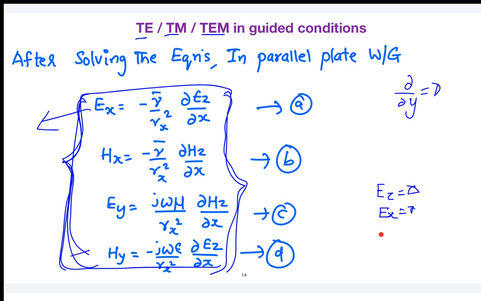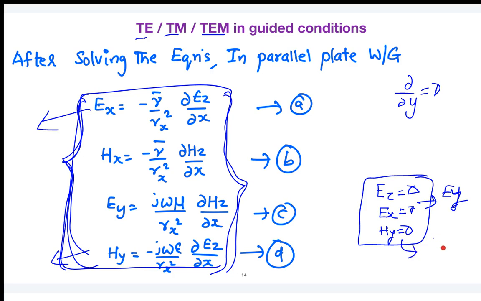Like, which fields exist? You have the electric field in X and Z, and the magnetic field lies in X and Z. So you will have the electric field in the Y component, the magnetic field in X, and the magnetic field in the Z direction. So these are the 3 components which will exist for TE.